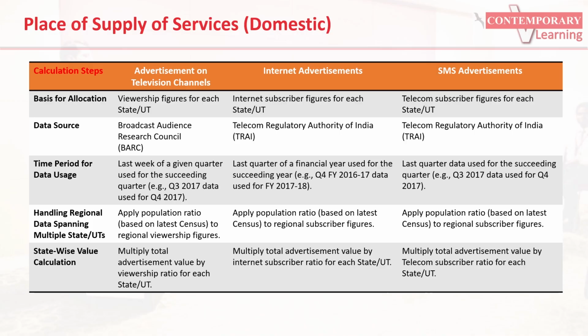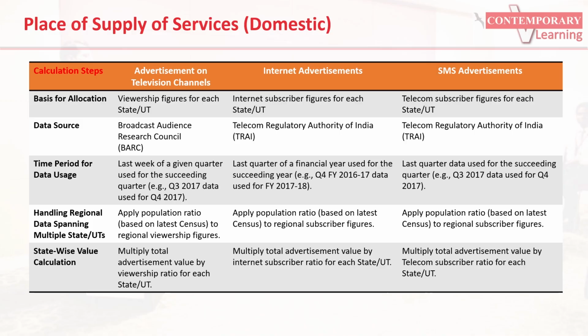For internet advertisements, we use internet subscriber figures from TRAI. Here, the last quarter of a financial year is used for the succeeding year. So Q4 FY 2016 to 17 data would be used for FY 2017 to 18. For SMS advertisements, we use telecom subscriber figures from TRAI, with last quarter data being used for the succeeding quarter.